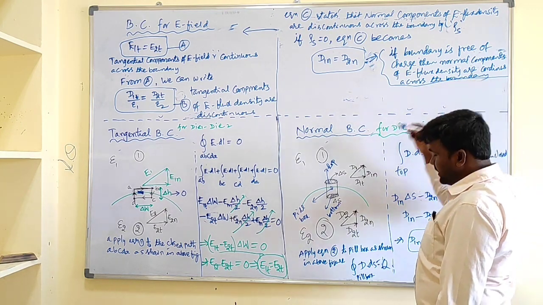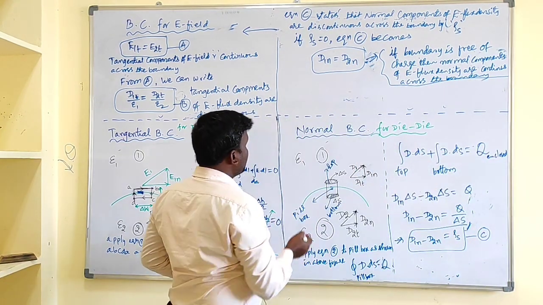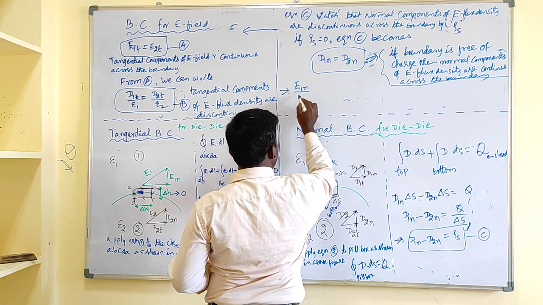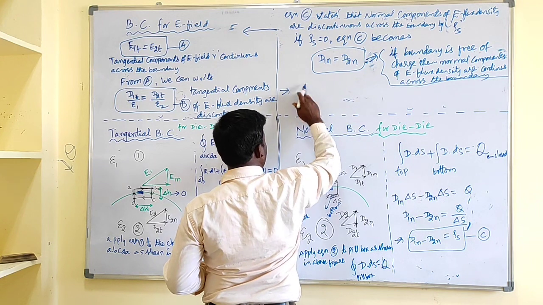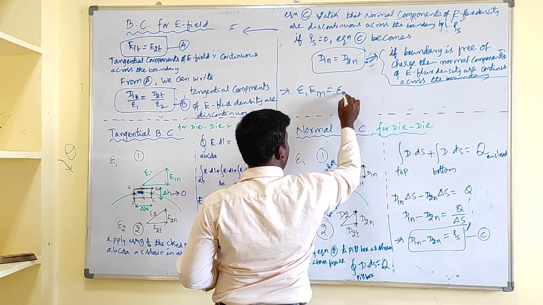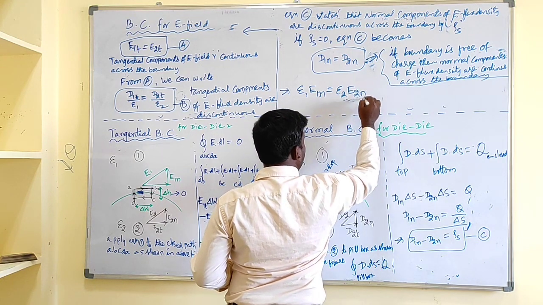So this equation D1n equal to D2n can be written in terms of E as epsilon 1 into E1n equal to epsilon 2 into E2n.